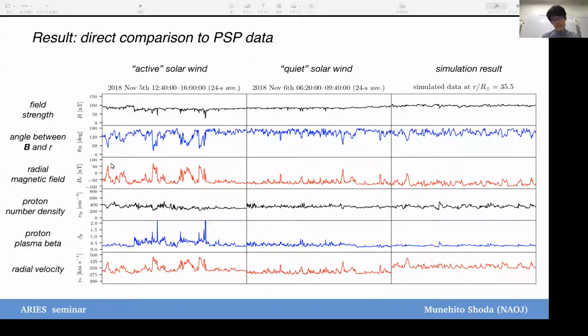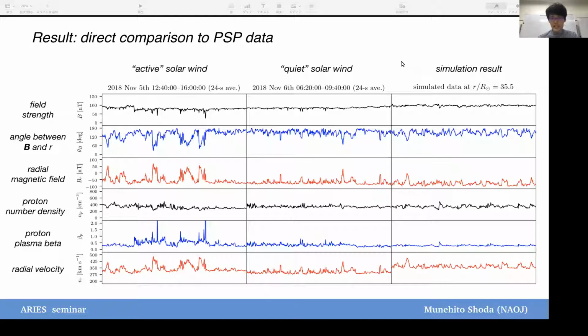In terms of switchbacks, the active solar wind is characterized by a large filling factor, or appearance rate, of switchbacks. While in the quiet solar wind, the magnetic field is mostly radial. You also find switchbacks in the quiet solar wind, but their amplitude and filling factor are much smaller than in the active solar wind.